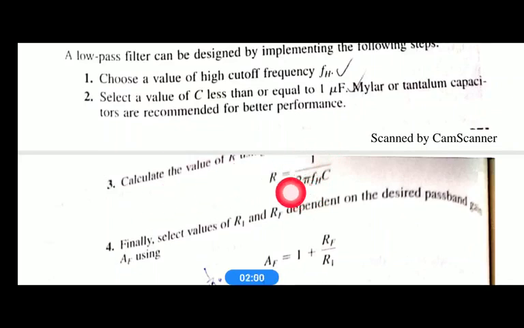Then we have to calculate R. The formula is given here.